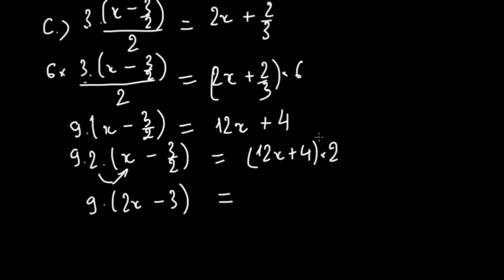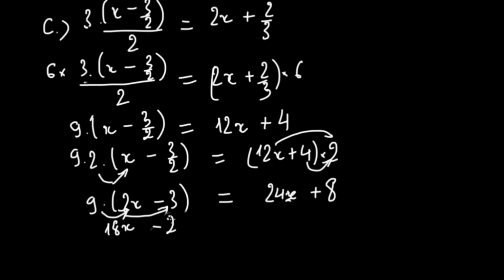Equal 2 times 12, you got 24x. 4 times 2, you got 8. Now we multiply 9 to 2x, you got 18x. 9 times negative 3, we got negative 27. Equal 24x plus 8. We subtract both sides by 24x.